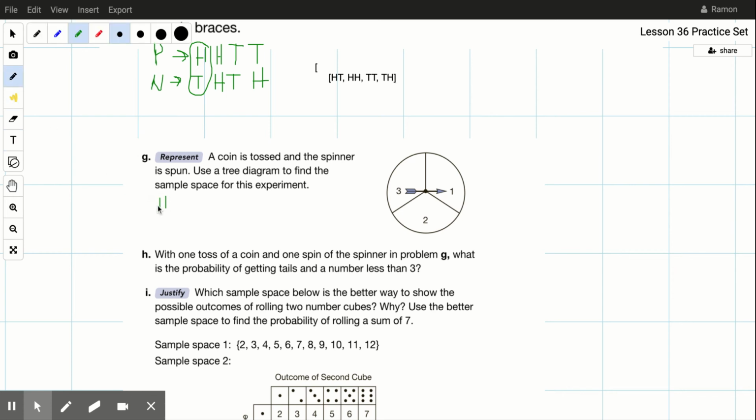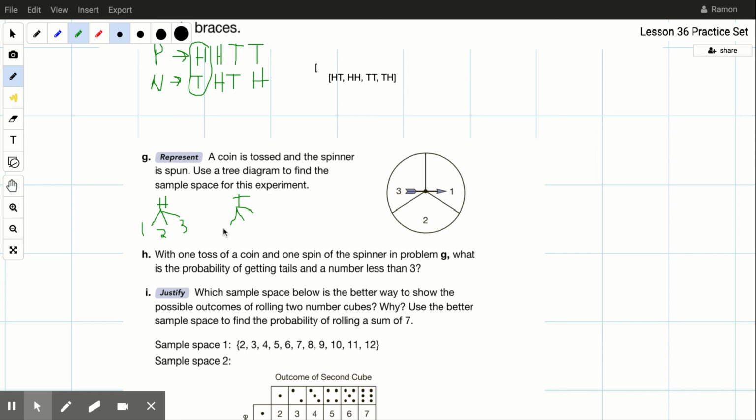And then you spin the spinner, which has 3 sections that are of equal size. Use a tree diagram to find the sample space for this experiment. So in the tree diagram, you just create roots from each of the first things that you're doing. If I flip heads, I could then spin 1, 2, or 3.